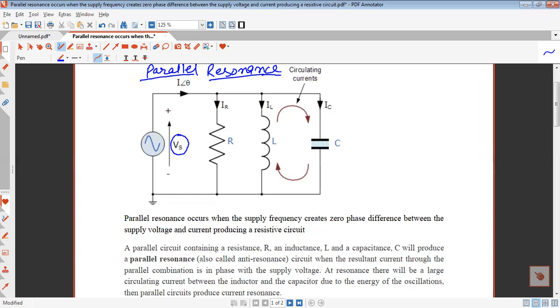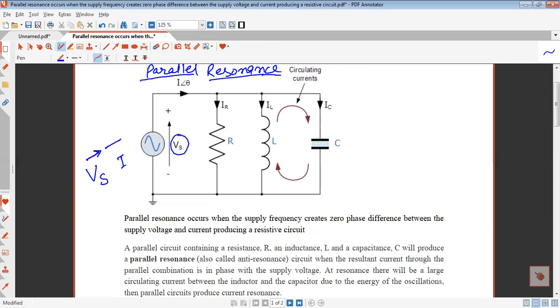As given here, parallel resonance occurs when the supply frequency creates zero phase difference between supply voltage and current, producing a resistive circuit. It means resonance will occur only at a particular frequency, when the supply voltage, this is our supply voltage Vs, and this is the current I, there should not be any phase difference.